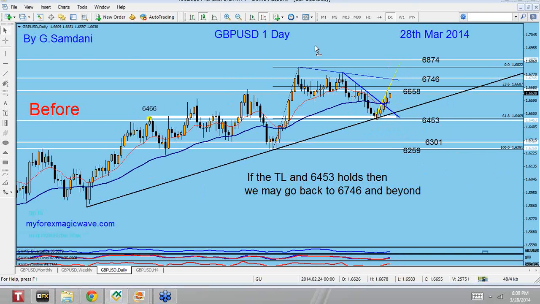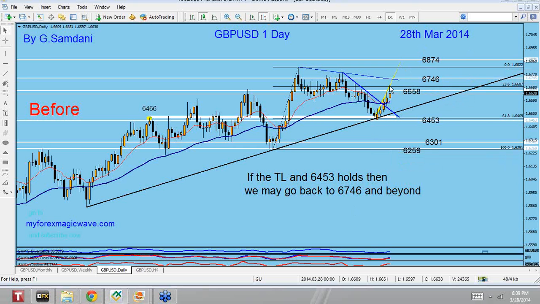We are still going up, and next week in the beginning, at least a couple of days, we will be going up at least to this 67.46 area. If you break that, the next number is 68.74. If the triangle finishes over there, we may pull back a little bit for the wave E, the leg E actually.